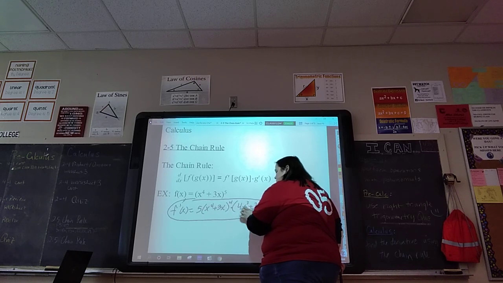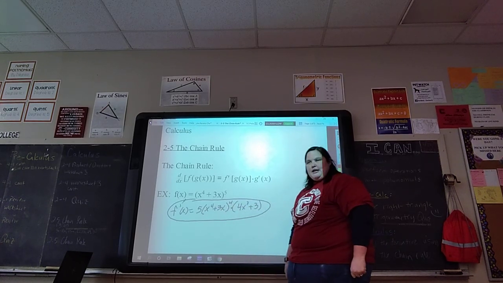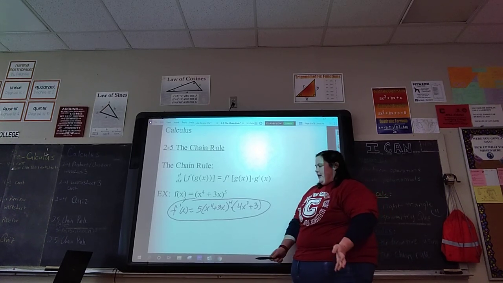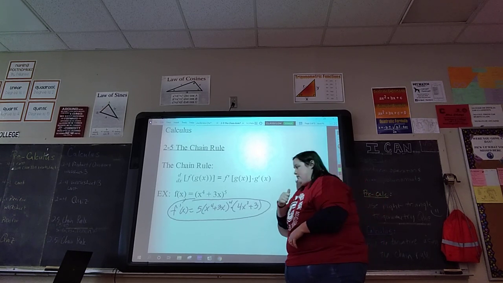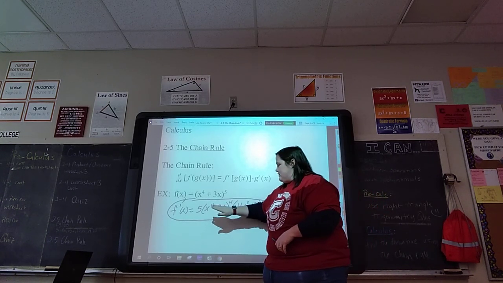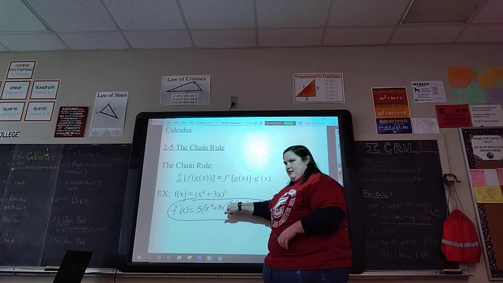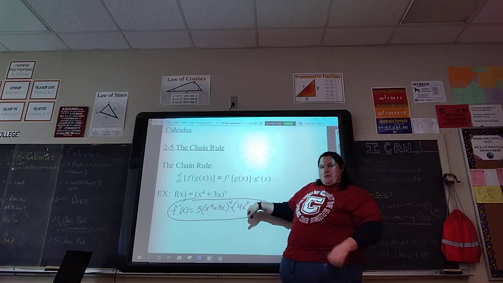Any guesses why? They are to the same exponent. Yep, so they're not to the same exponent, so we can't multiply them together. So we have to leave those separate. The only thing you could potentially multiply is the 5. We couldn't distribute it into this parenthesis because of the exponent, but you could take 5 times both of these.